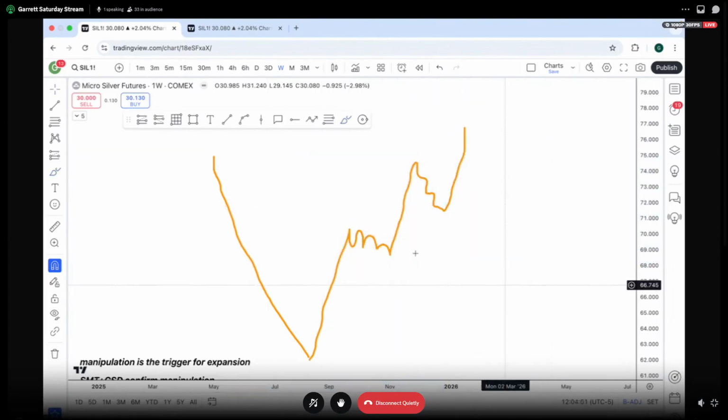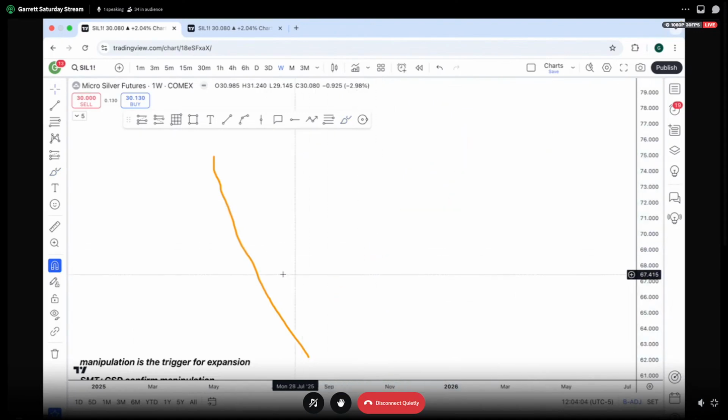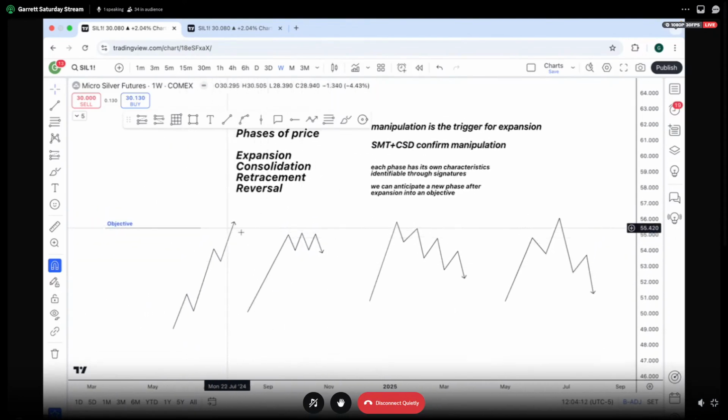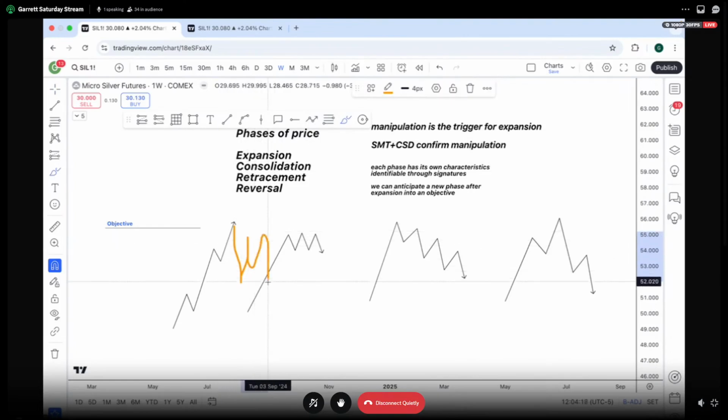So that's consolidation. We all know what that is pretty much, but we can anticipate it after an expansion into an objective, right? And that lack of displacement in the other way, and it just leaving failure swings on both sides, is typically just consolidation, right?